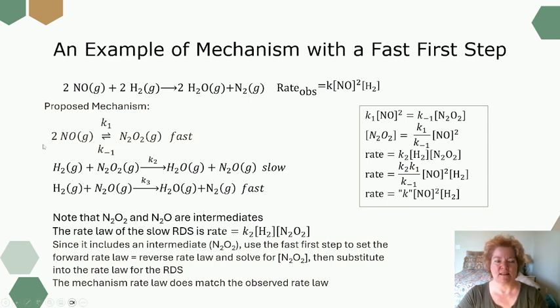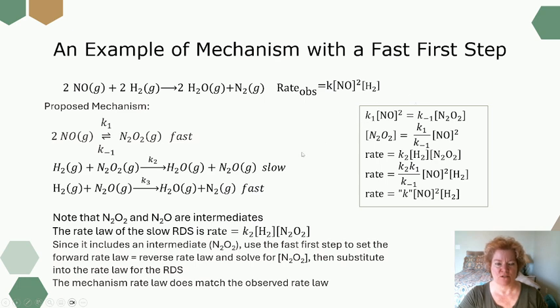I now say that the forward rate has to equal the backwards rate. The forward direction would be k1 times NO concentration squared, right?